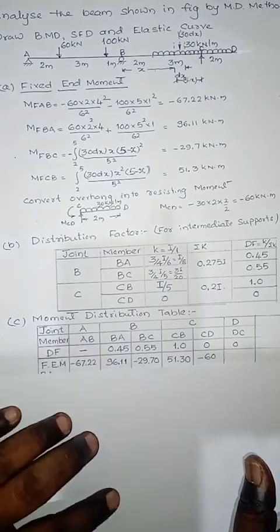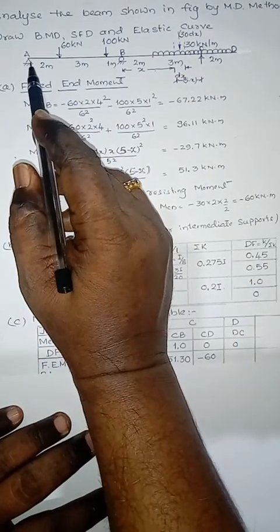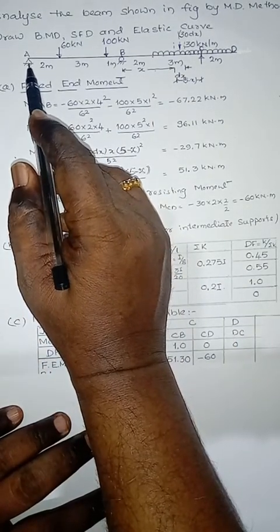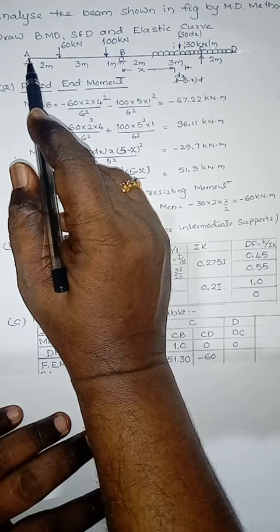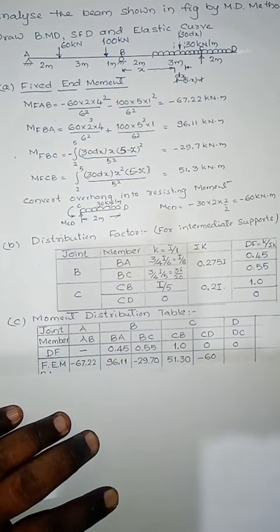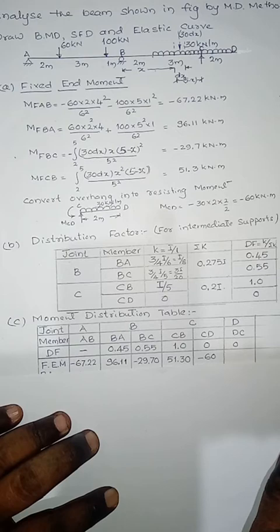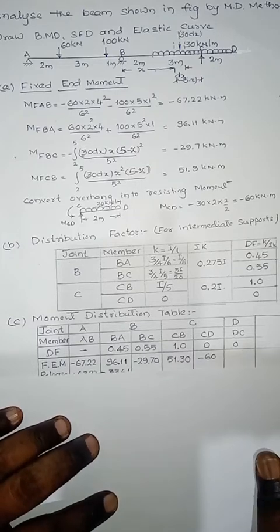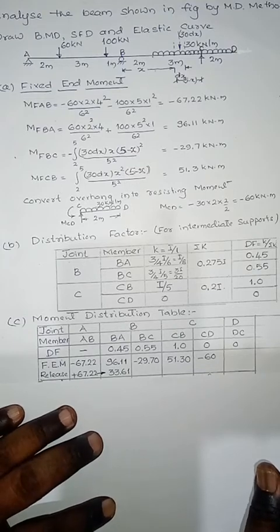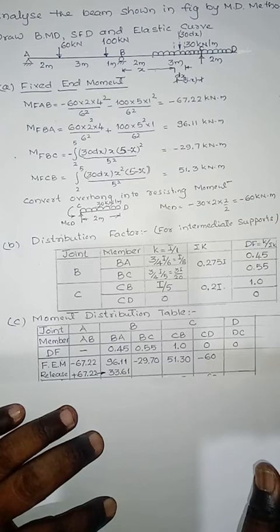End A is on hinged support, hence the final moment at the hinged support is 0. We have to release that moment by considering A as fixed end, by which we have written the fixed end moments. We have to make it 0, since that is hinged support.